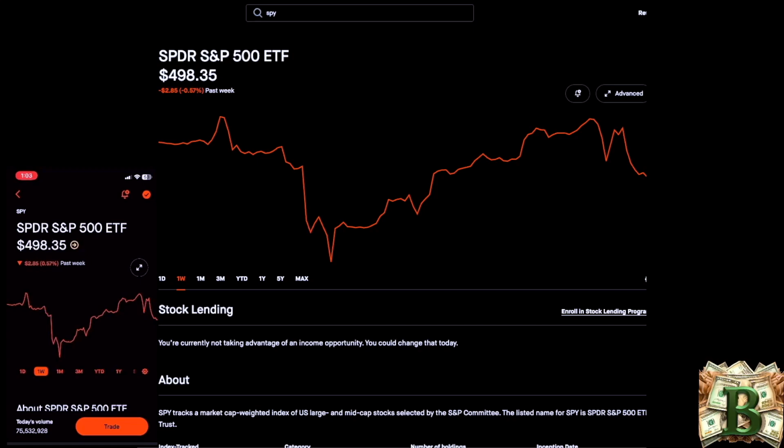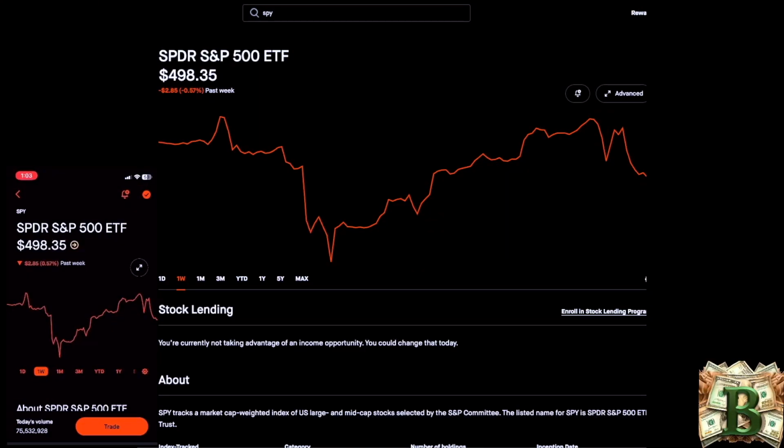But let's start real quick with what's a put option, right? So a put option is a contract giving the option buyer the right to sell a specified amount of an underlying security at a predetermined price within a specified time frame. I hope that makes sense. It's kind of like call options, where you have the right to buy at a certain price.